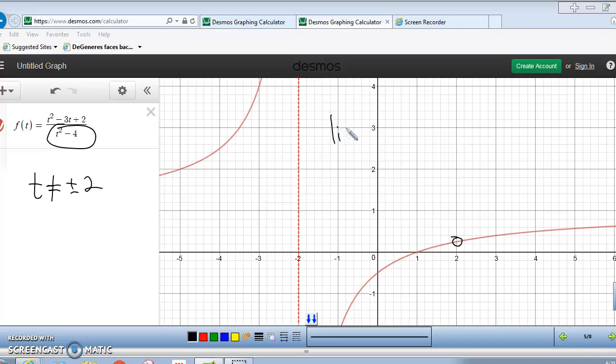Okay, so the limit of this function, t squared minus 3t plus 2 over t squared minus 4, as t approaches 2.